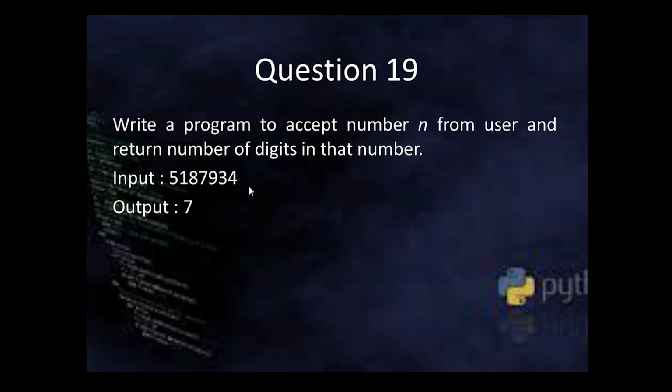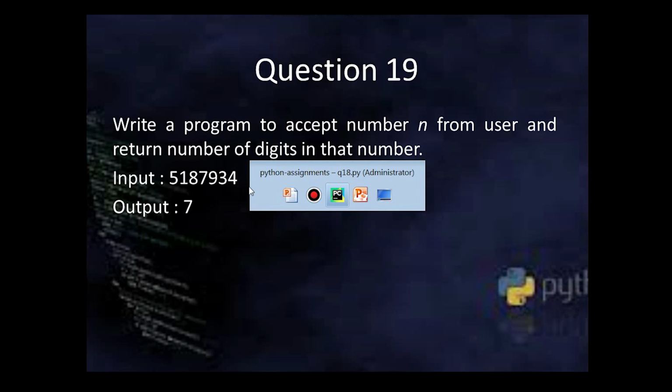We'll make use of some mathematical concepts and use operators like mod, which will return the remainder, and division to take the quotient. Don't forget to use floor division, because when you use a single slash, it will return floating division. We want integer division, so we'll use the Python operator double slash.